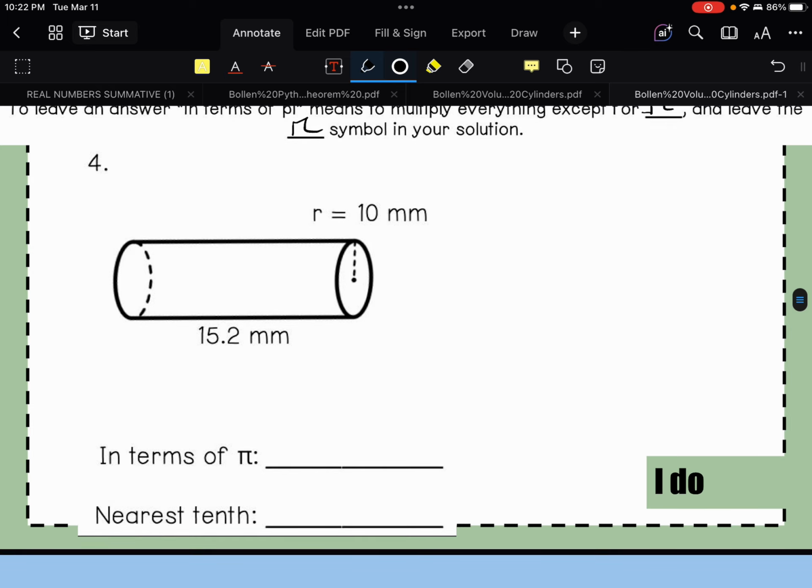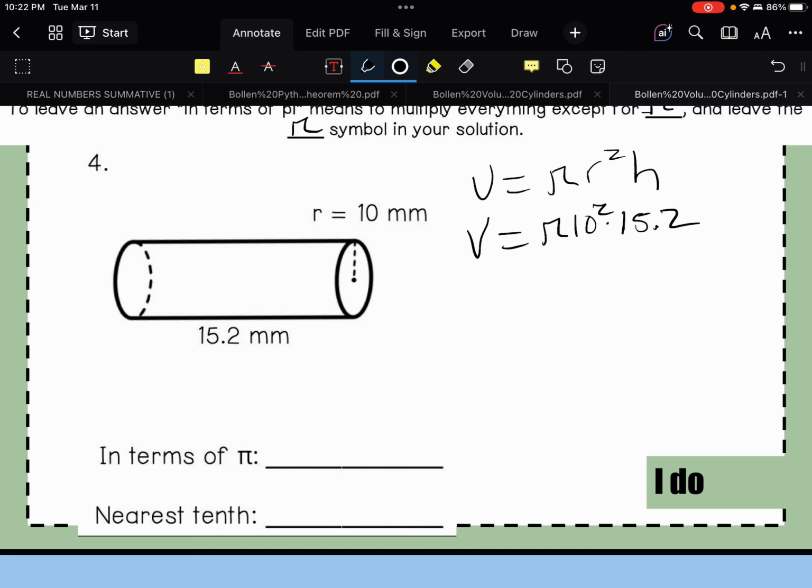So, again, your formula for the volume of a cylinder is V equals pi r squared times the height. So V equals, in this case, they give you your radius, so you get pi times 10 squared times the height of 15.2.